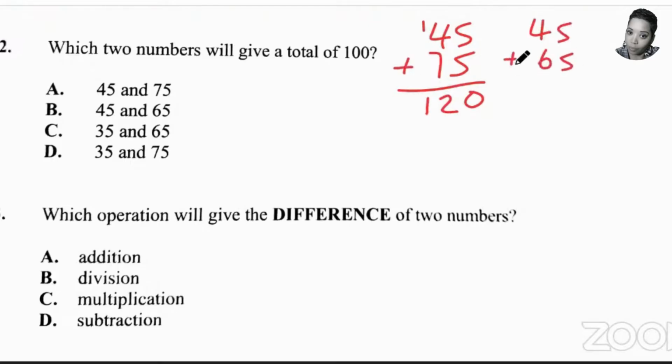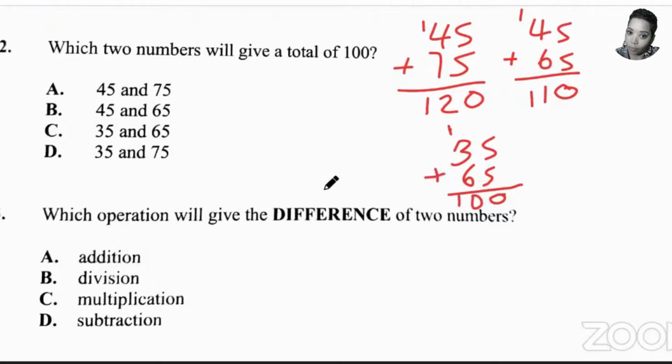That's 110. Also, that's not 100. Let's try 35 and 65. 0, bring the 1 over. Okay, that's 100. We don't need to do D because we have found our answer. The answer is C.